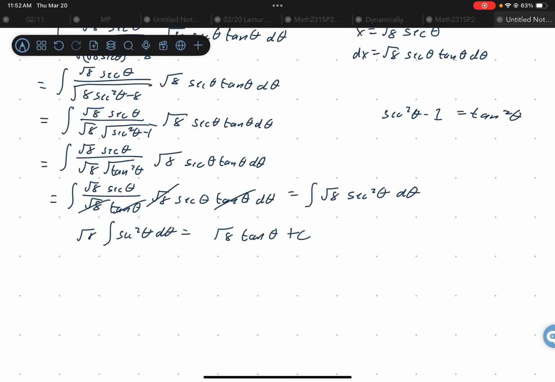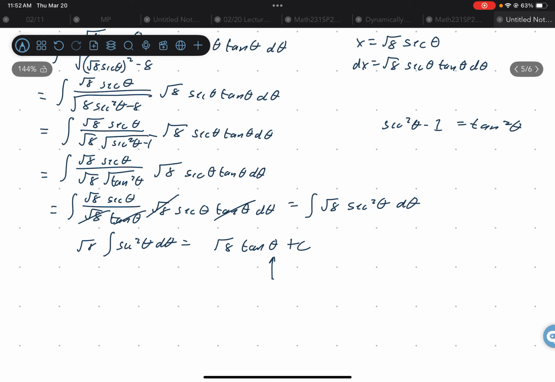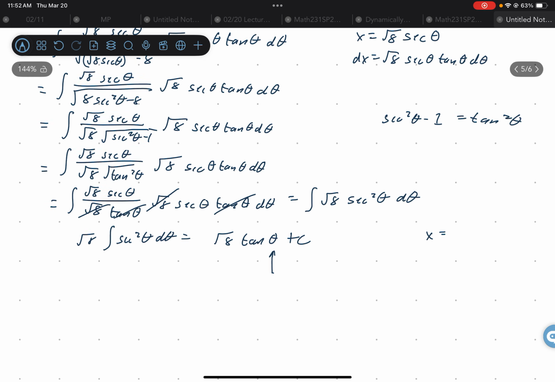And again, we can't leave this theta here. So we recall that we subbed x in for square root 8 secant theta. And so x over square root 8, actually, wait, let me redo this. X equals square root 8 times 1 over cosine theta. This will make things a lot better. 1 over cosine theta.